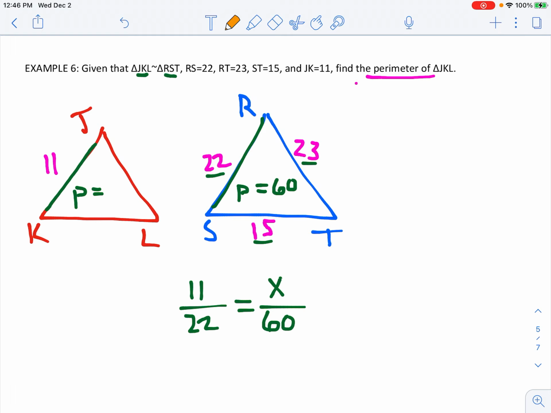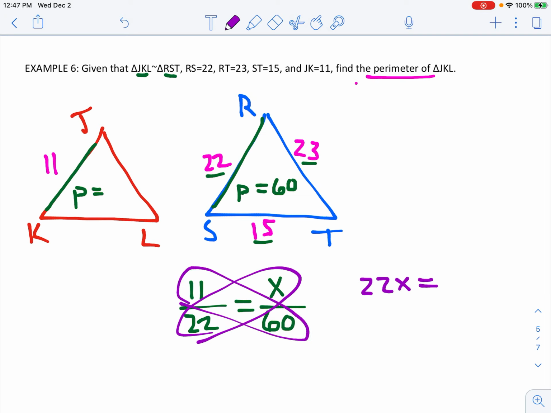We know the perimeter of the second figure, it's 60, so we set up our fractions, and now we're ready to cross multiply. 22 times x is 22x. That should be equal to 11 times 60, which is 660. Go back and solve it, divide both sides by 22, and that's going to tell us that x is equal to 30.